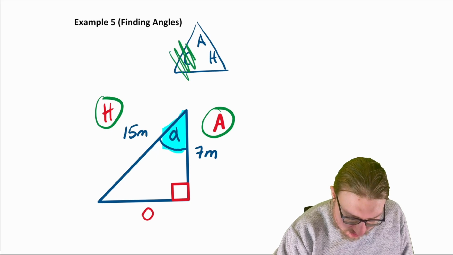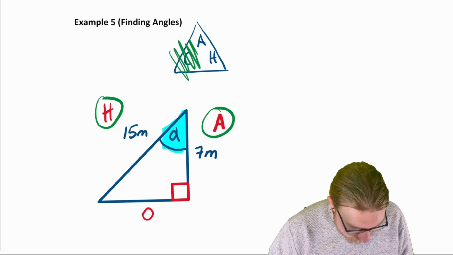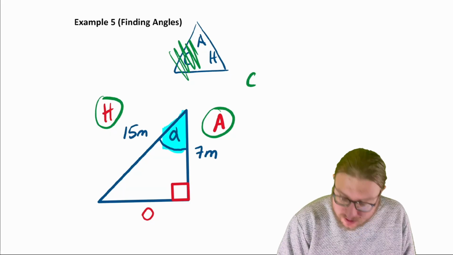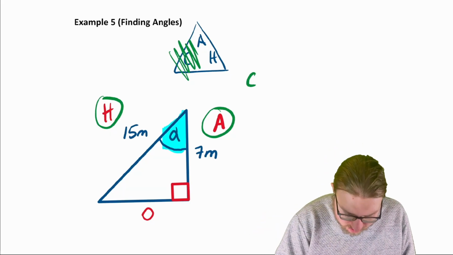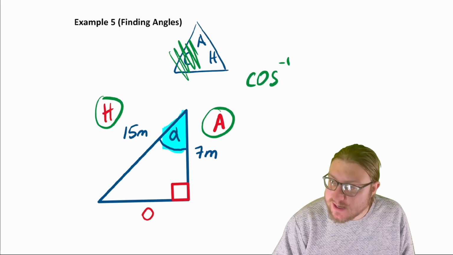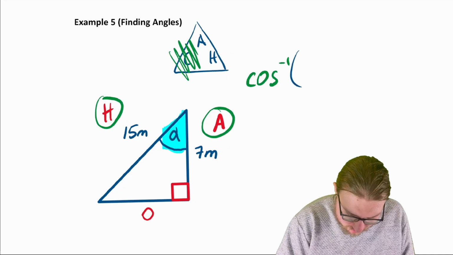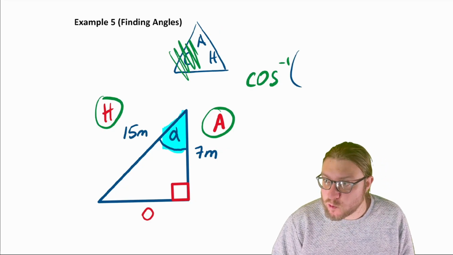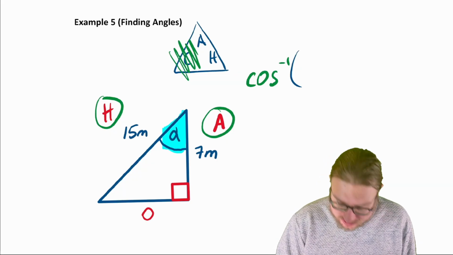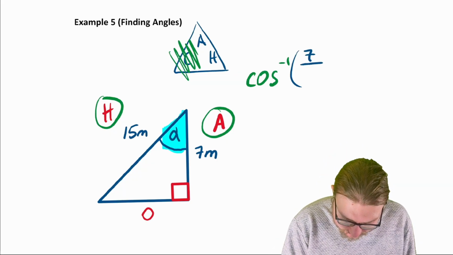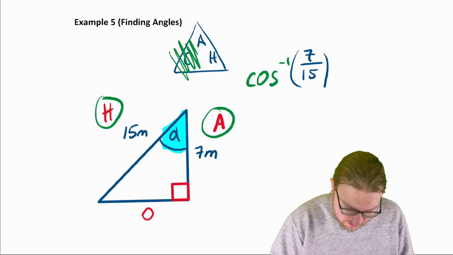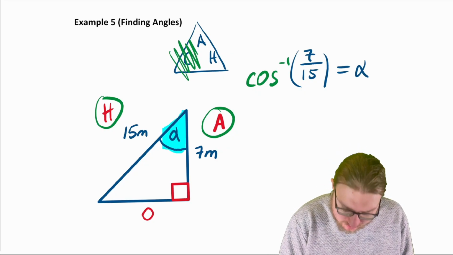So we're crossing out the C. If we're crossing out the C, then we know we're looking for the angle, so we have to use the cosine inverse instead. And this in the triangle still tells us what the cosine input is. So it's going to be A, which is 7, divided by H, 15. And this is going to give us our angle alpha.